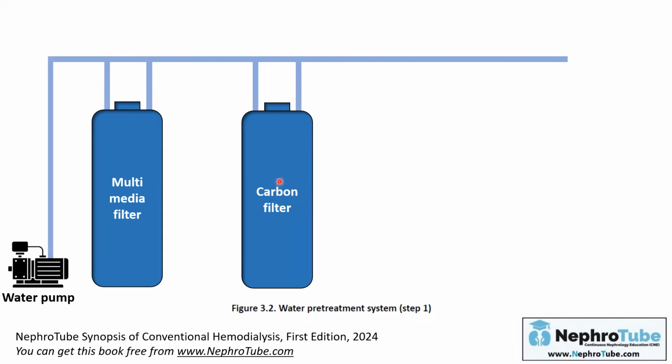Because if chlorine and chloramine reach the reverse osmosis membrane, the RO membrane that I will talk about in step 2, they will damage it. It is important to check daily the chlorine level in the water, as I will mention later, to be sure that the chlorine is within the accepted level, and that the carbon filter is working correctly.